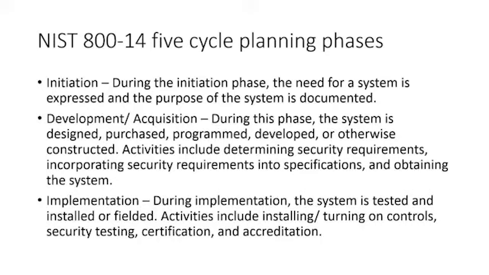And that's what I mentioned earlier with those other steps. We're talking about incorporating security requirements into specifications and then go ahead and obtain the system. So we're going to look at our requirements for what we need in our organization, our infrastructure, what policies we have, and determine security requirements and go ahead and bring this in or develop it ourselves, but somehow we're going to obtain this system. And then implementation.